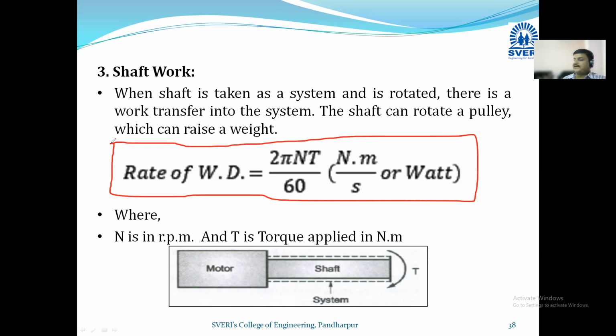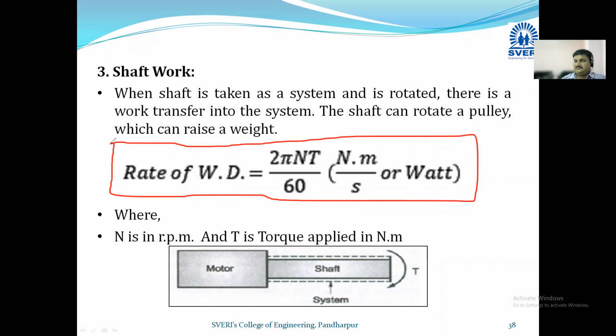60 म्हणजे काय, पर सेकंद. एका मिनिटामध्ये सेकंद किती असतात, 60. Okay, so when you want to calculate it per second, then you will have to divide it by 60. Work done is 2 pi nT and rate of work done is 2 pi nT by 60. So 2 pi is the constant.